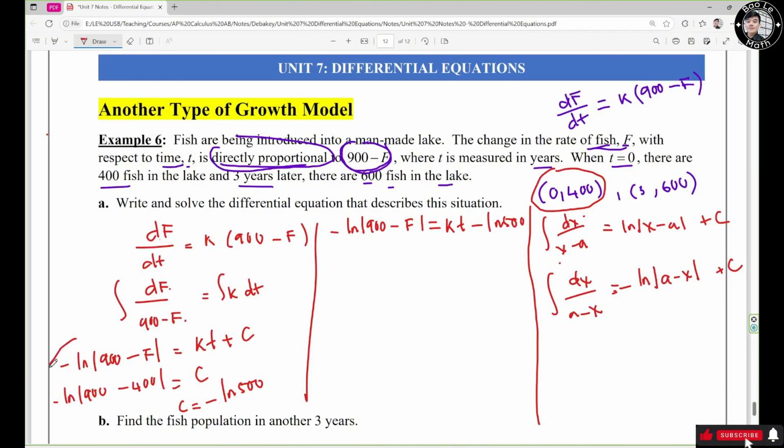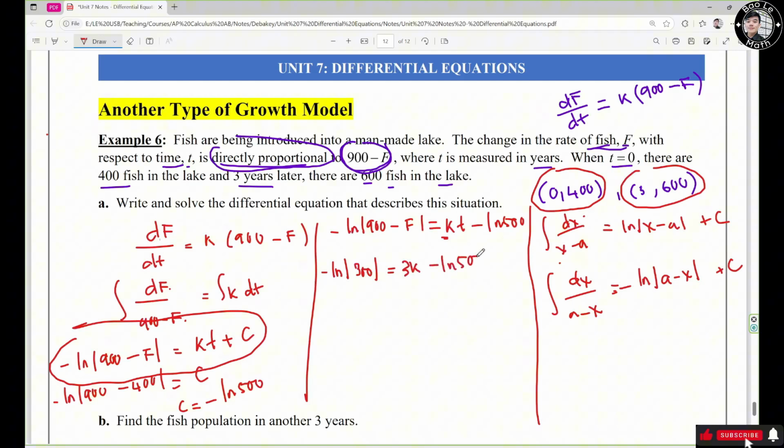Alright, substitute into this equation right here. Now I need to use the second ordered pair to solve for k. So I'm going to substitute over here. I have negative natural log of absolute value of 900 subtract 600, which is 300, equals, t equals 3, so I have 3k minus natural log of 500. Now I'm going to add natural log of 500 to both sides.